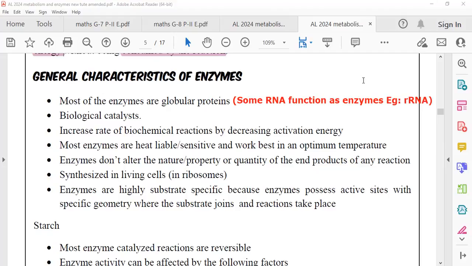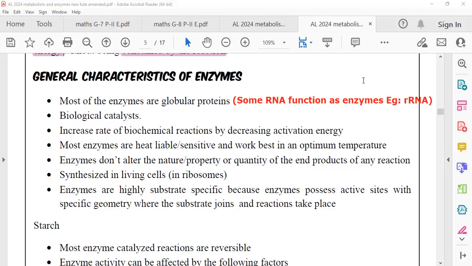For every enzyme, because they are heat sensitive, there will be one temperature at which they function best. That temperature is called their optimum temperature.